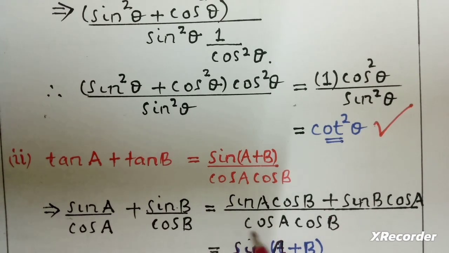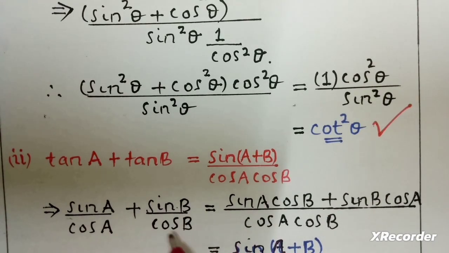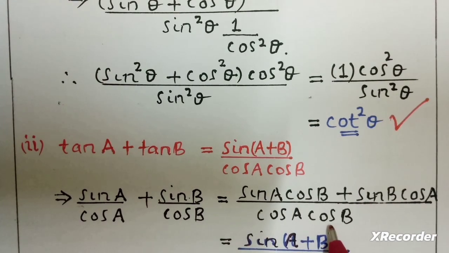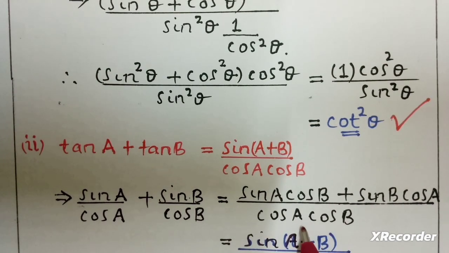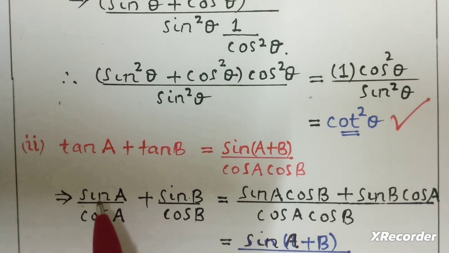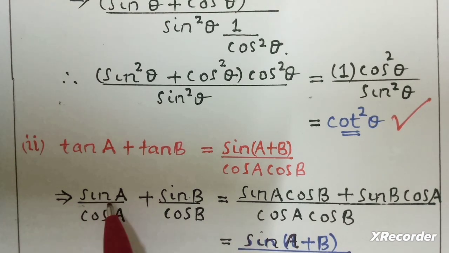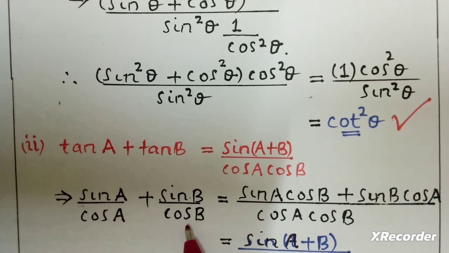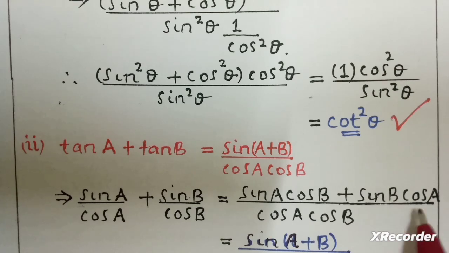From there, guys, we work with this as a fraction. So you find the LCM is cos A cos B. Cos A cos B divided by cos A will give us cos B. So you multiply cos B by sine A, giving sine A cos B. You come here, divide by cos B, and you are left with cos A. You multiply cos A and sine B, which is here.